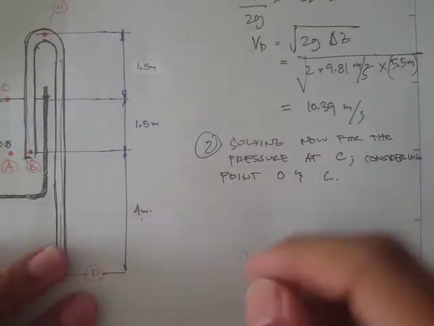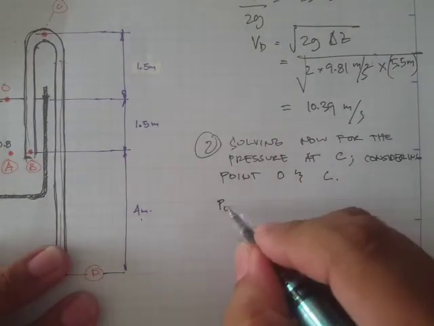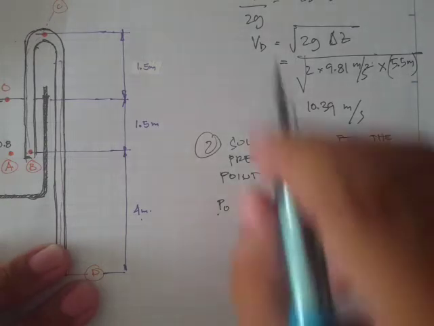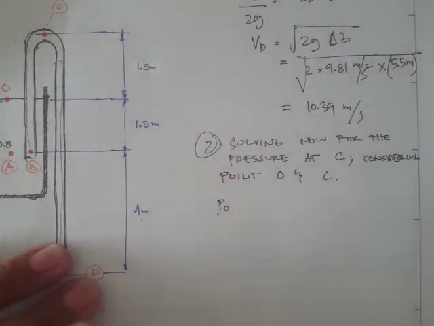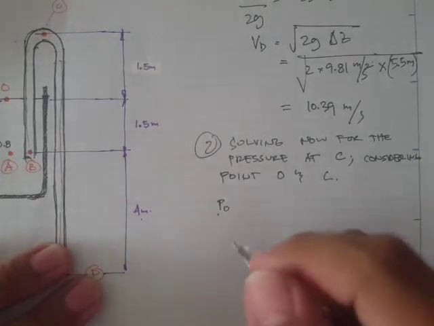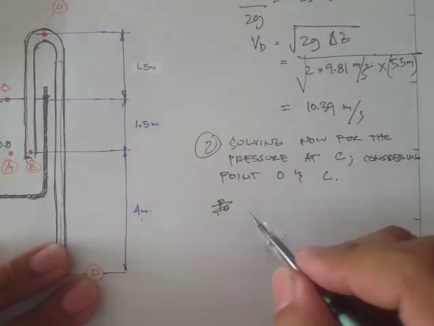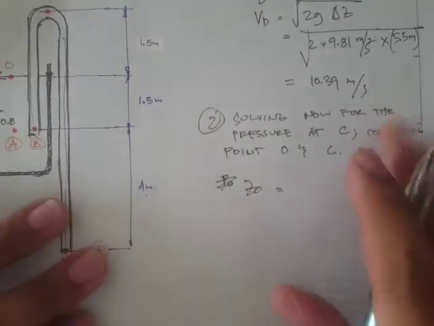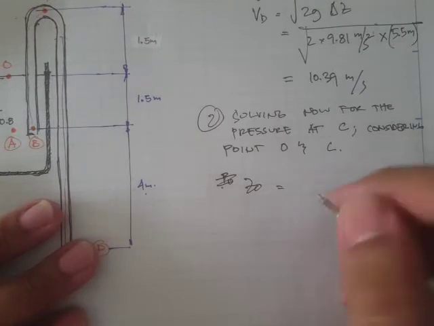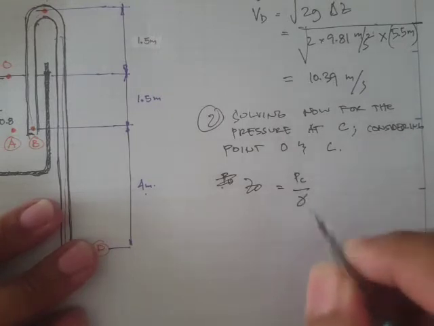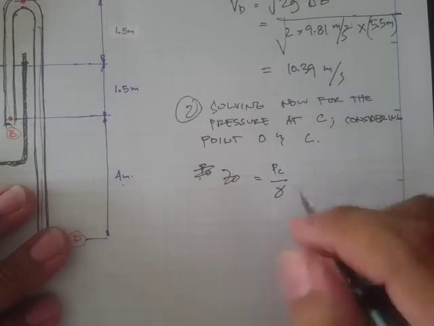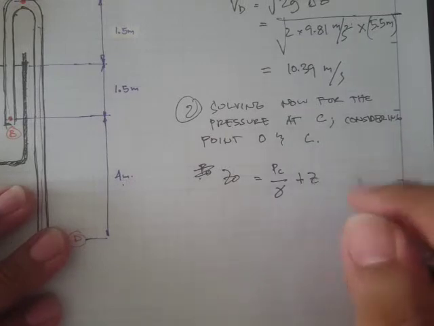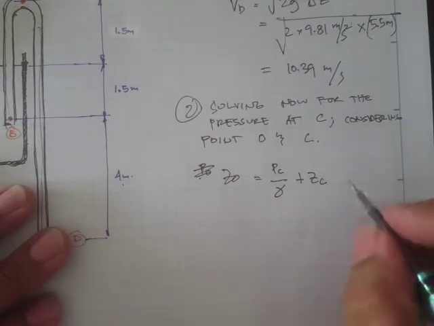Okay, now let's apply the Bernoulli's equation. So at point O, I guess we'll just write the elevation head term because the others are just zero. But at point C, we have P_C divided by rho g plus, of course, the elevation at C, and what else?